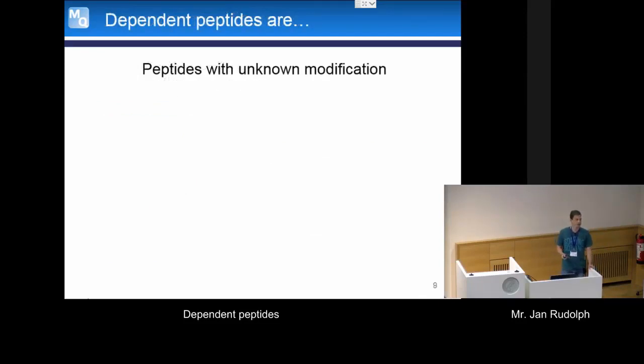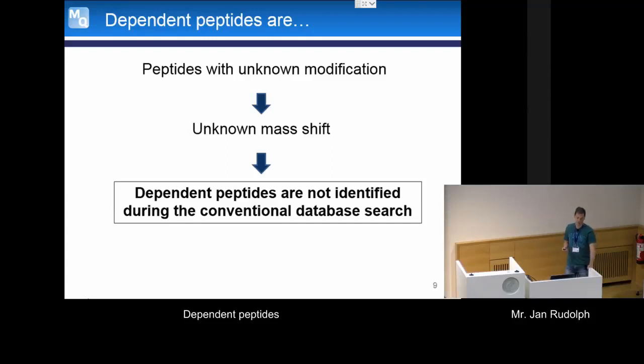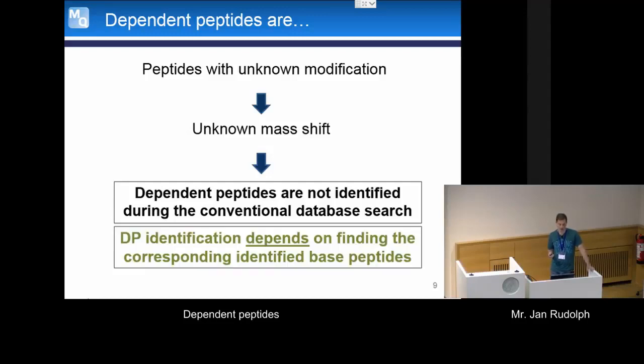So dependent peptides, they are synonymous for peptides with an unknown modification and therefore with an unknown mass shift. Now, these peptides are not identified during the conventional database search, but we can try to still identify them using the dependent peptide approach.